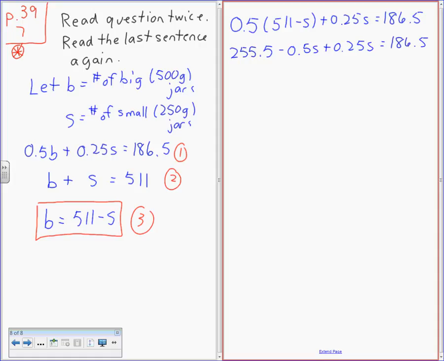All right, I'm going to quickly finish this up and we'll get to the difficult one. So I'm going to call that negative 0.25S equals 186.5 minus 255.5. Do you have a calculator by any chance? Exactly. Great.